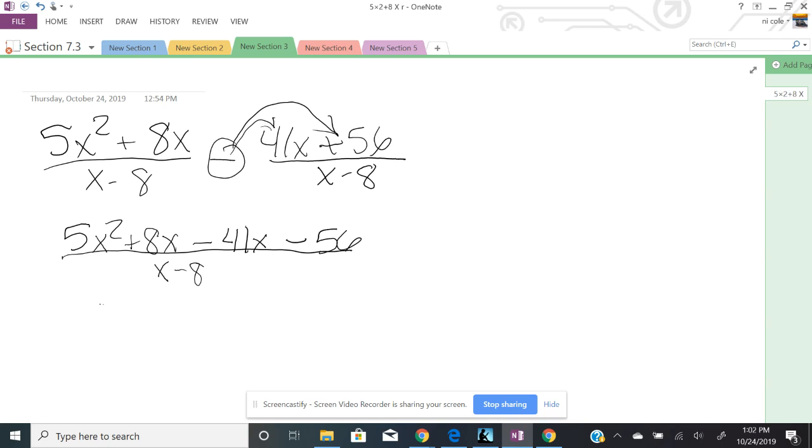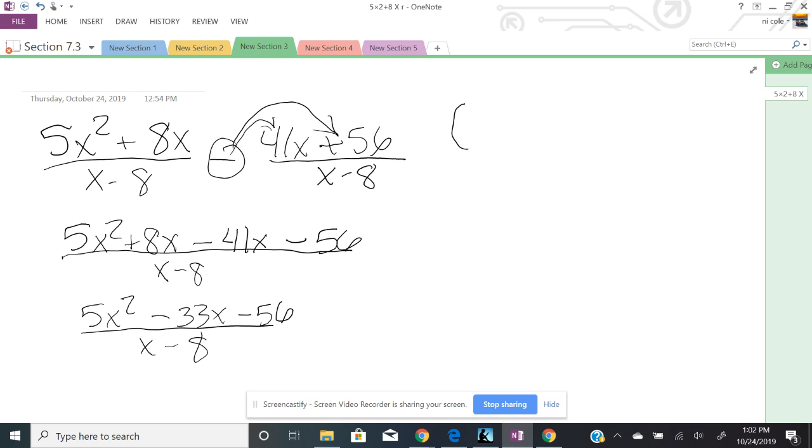Okay, then I should have 5x squared minus 33x minus 56 all over x minus 8. And again, here I'm not finished because I'm going to have to check my factoring. Okay, most likely it will simplify because that's how Math Excel has it set up.